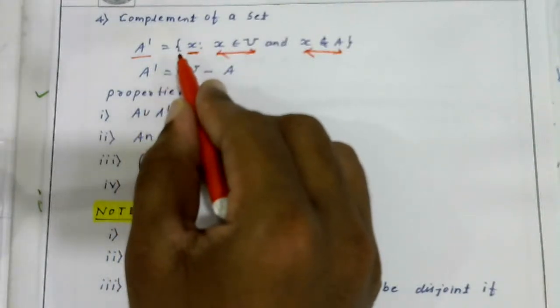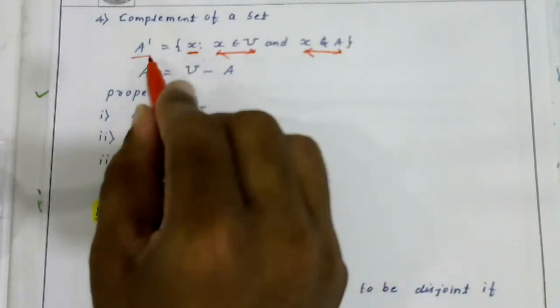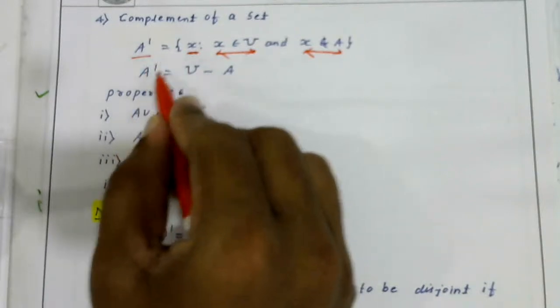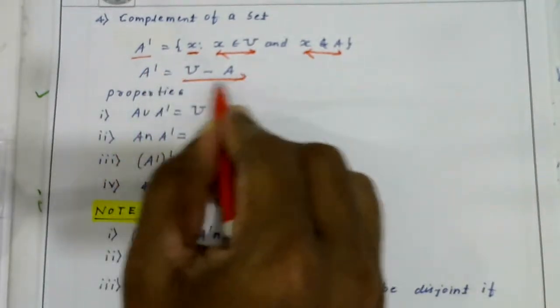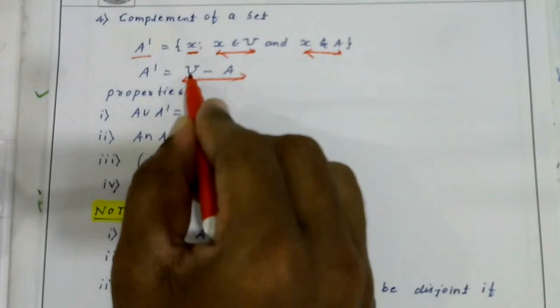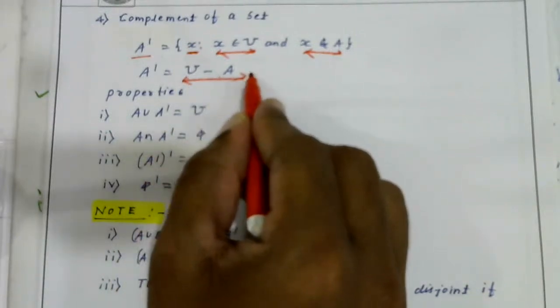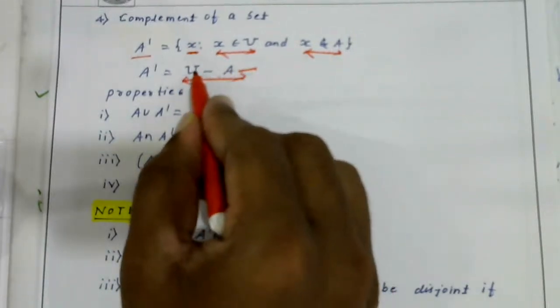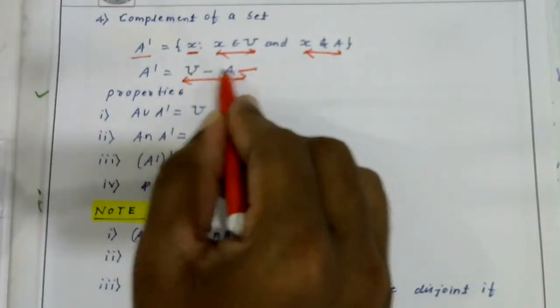That is your A complement or A dash. So you can define A dash as U minus A. In the total universal set, you are removing the set A. So elements of U but not elements of A, that is your A dash.